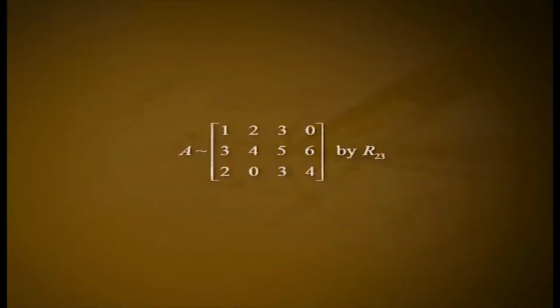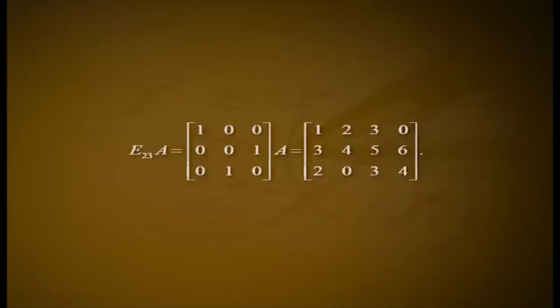Then A is equivalent to 1, 2, 3, 0, 3, 4, 5, 6, 2, 0, 3, 4 by R2,3. Also, E2,3A = 1, 0, 0, 0, 0, 1, 0, 1, 0 times 1, 2, 3, 0, 3, 4, 5, 6, 2, 0, 3, 4.